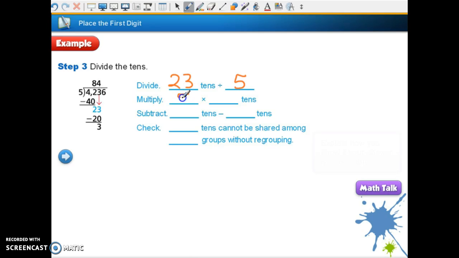Multiply 5 times 4 tens. Okay, so they did that. They got 20 right here. When you subtract 23 tens minus 20 tens, you get what? 3. 3 tens cannot be shared among how many groups? 5 groups.